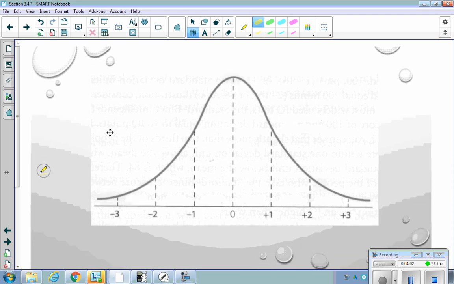So here's our normal curve. These are the same as z-scores. They are z-scores. But mu or x bar, depending upon whether it is a sample or a population, when we normalize them, our mean is in the exact same middle, isn't it?